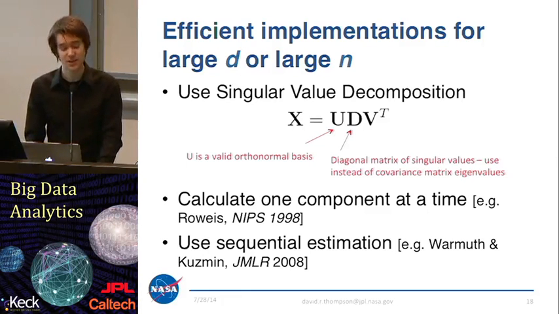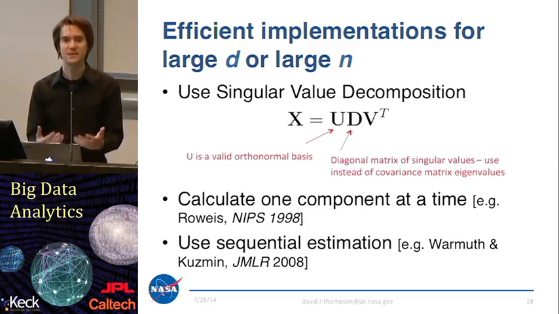So you could use a sequential estimation approach. And there's other literature about how to do that. So it's not so important that you know offhand how to do this, but simply that you know that these methods exist in the literature, and that if you get stuck with a problem that's too large for naive principal component analysis, there are other alternatives for computing these solutions more efficiently.